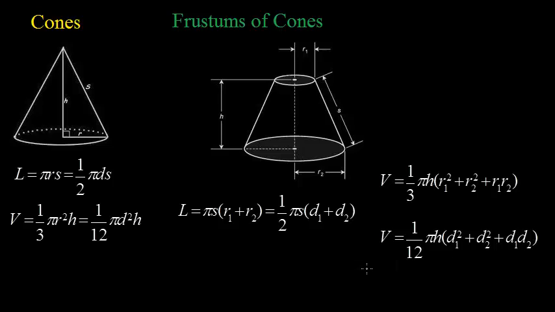A frustum of a cone is just a cone with its top cut off, creating this new smaller base. Our measurements are very similar to that of a frustum of a pyramid, except again our bases are circles. We have a small radius, R1, and a larger radius, R2. We have our slant height still, and the height of the frustum of the cone.